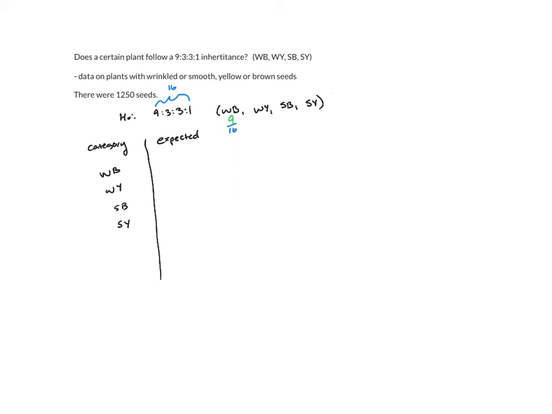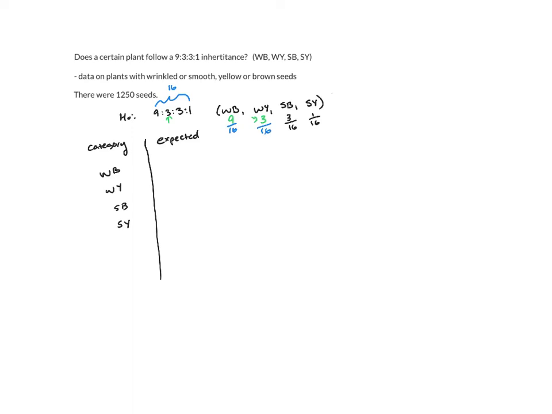I can then calculate the ratio for wrinkled and yellow, and that would be 3 divided by 16, and once again, I'm getting that 3 by looking at its place in the ratio. I could do the same for the other ones. This should be 3 out of 16, and this should be 1 out of 16. To reinforce this, I'm getting the 16 by adding up the total number in this ratio.